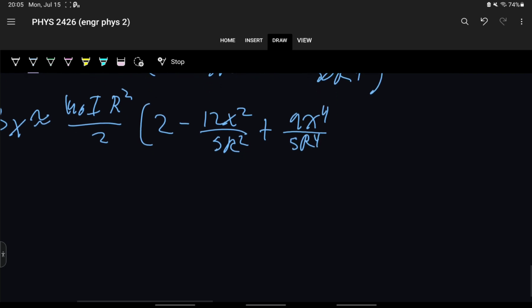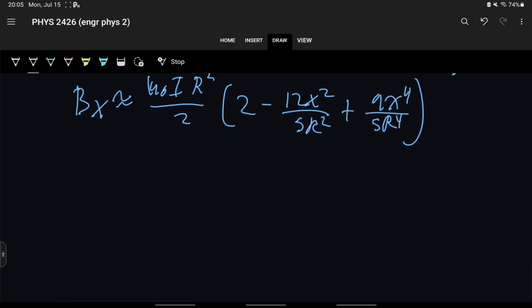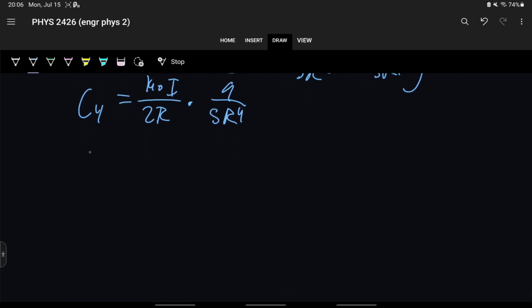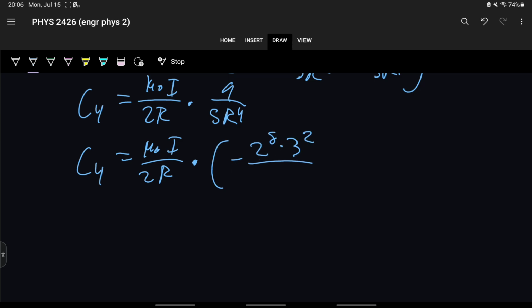So now the coefficient of C4 is going to be mu sub 0 times I all over 2r times 9, all divided by 5r to the power of 4. And to match the given format, we can go ahead and write this as C sub 4 is equal to mu sub 0 times I, all divided by 2 times r, multiplied by minus 2 to the power of 8 times 3 to the power of 2, all divided by 5 to the power of 9 over 2 times r to the power of 4.